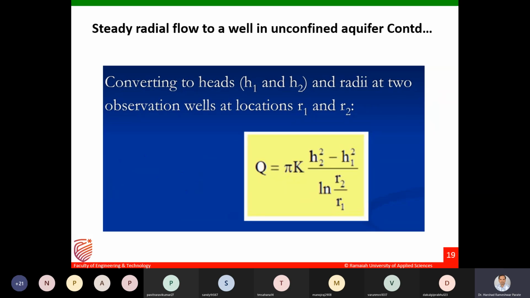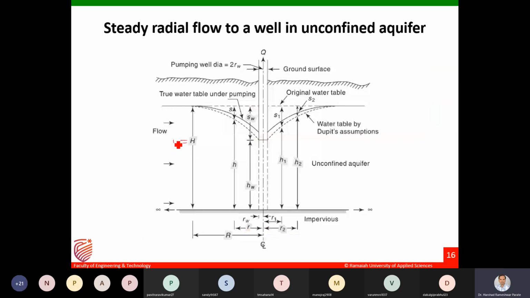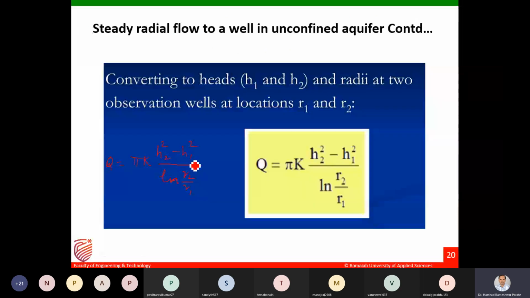Because H is nothing but B here. In the confined aquifer, our equation was 2 pi T, where T is K into B. Here that K into B becomes K into H, and when you solve this equation, we get the square terms. So this is the equation we use for unconfined aquifer.